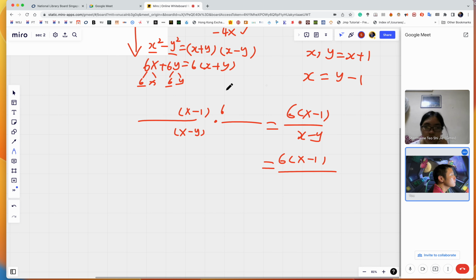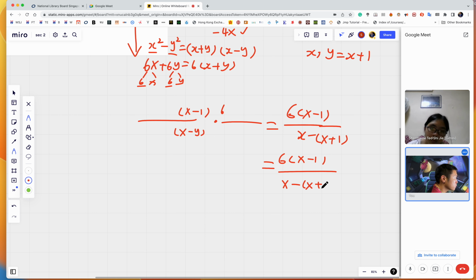Okay, let me just erase this. So you can just replace your y with a bracket, x plus 1. So this is x minus (x plus 1). So you continue, open the bracket below: x minus x minus plus 1, minus 1.